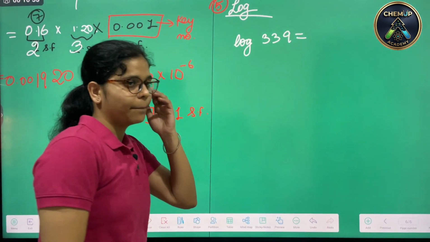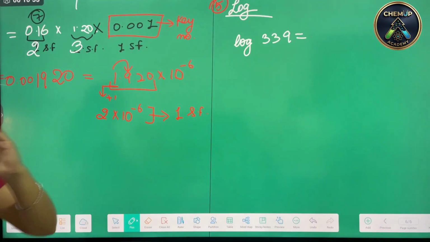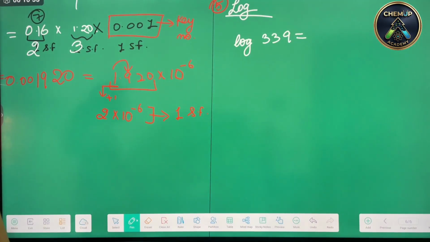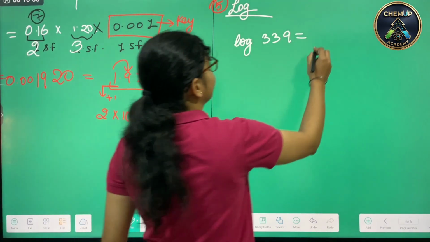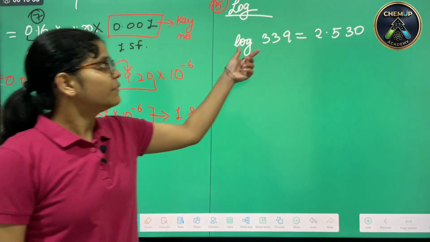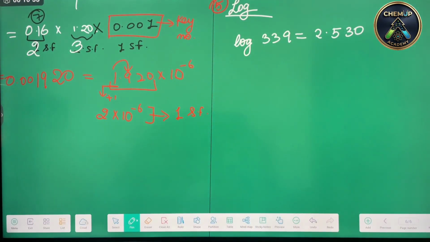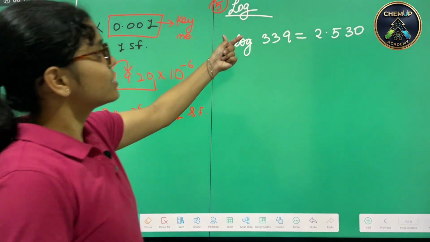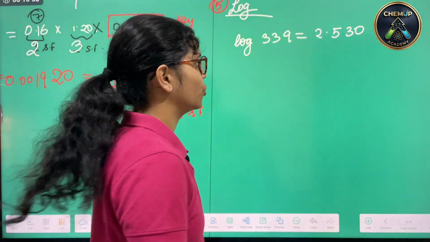Let's take it as an example, a specific log, say 339, and let me calculate its value. Okay, it says 2.530.